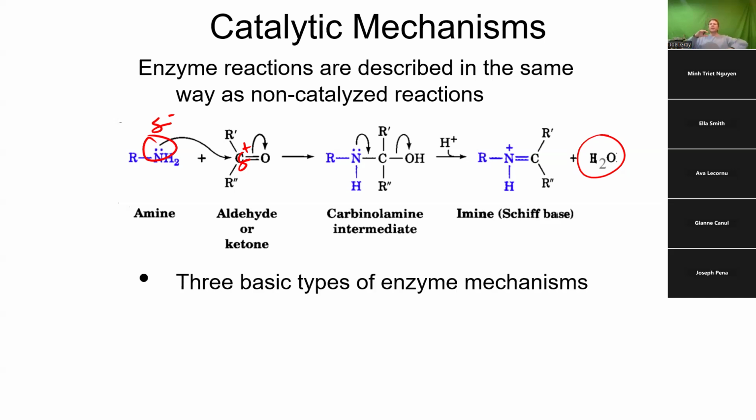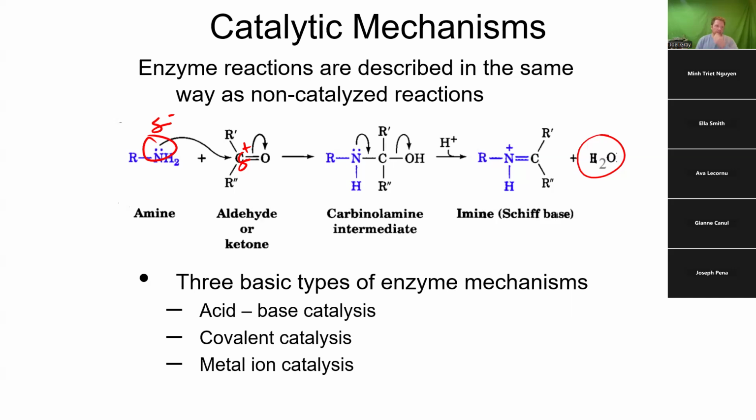Now, the difference between this and your organic class and ways that you've looked at mechanisms historically is that here we're using different amino acid R groups as the sources of some of those electrons. So our three basic types of enzyme mechanisms are acid-base catalysis, covalent catalysis, and metal ion catalysis.